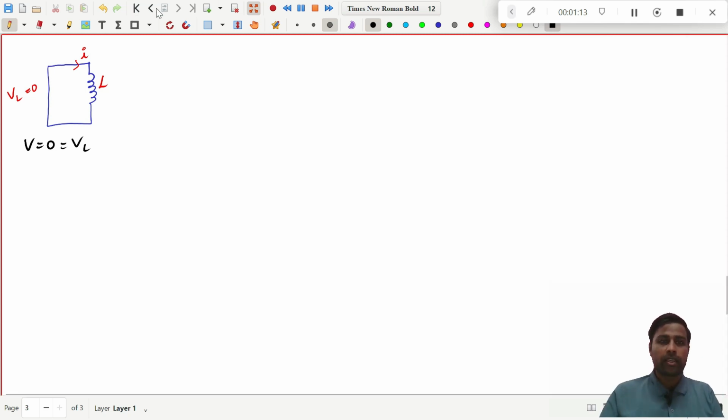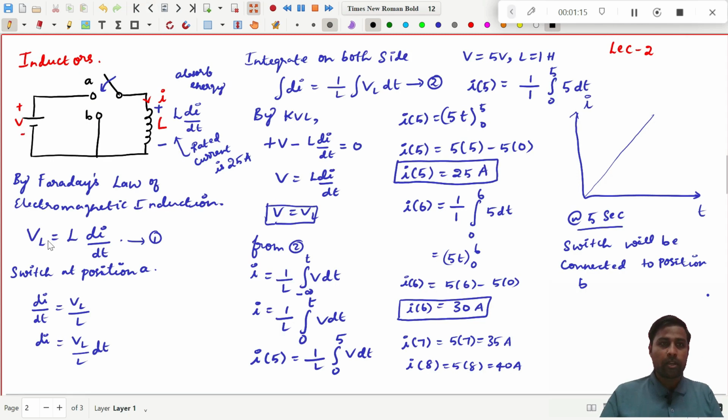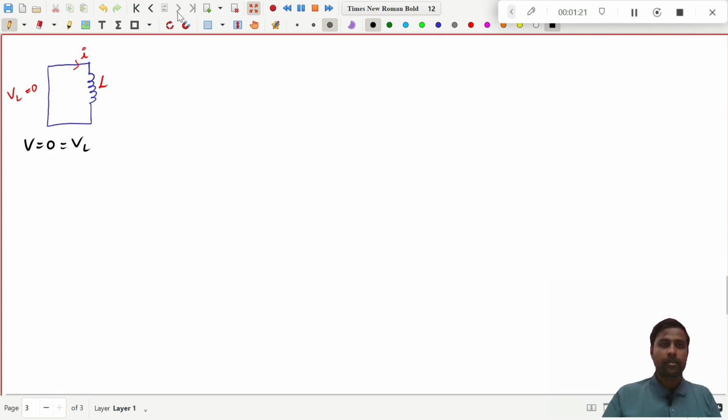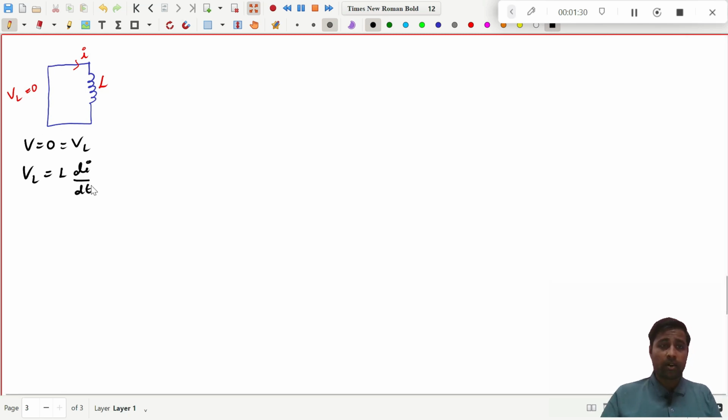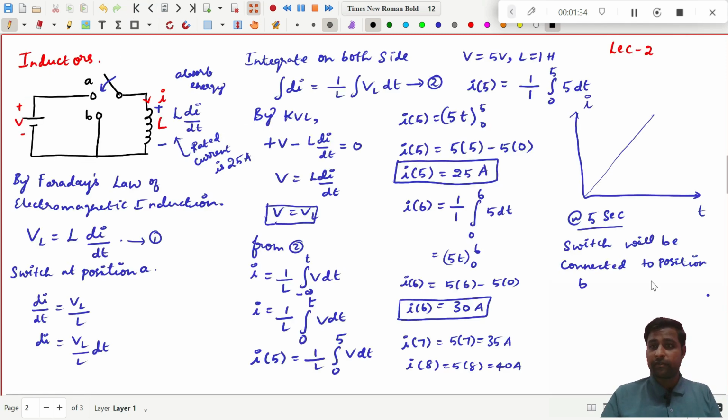Now you take expression number 1, that means VL is equal to L into di by dt.